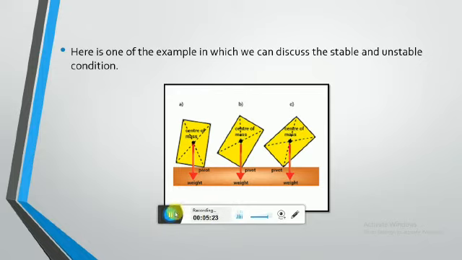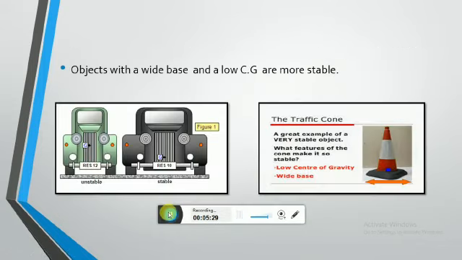Let's take another example with a book. In fact, before discussing that example, objects having a wide base and a low center of gravity are more stable. In figure 1, that's unstable. So we have two cars.